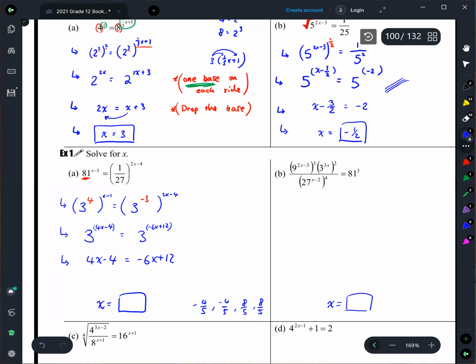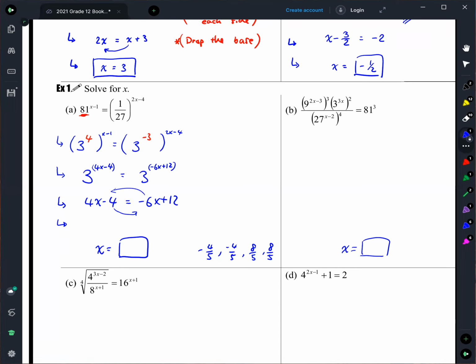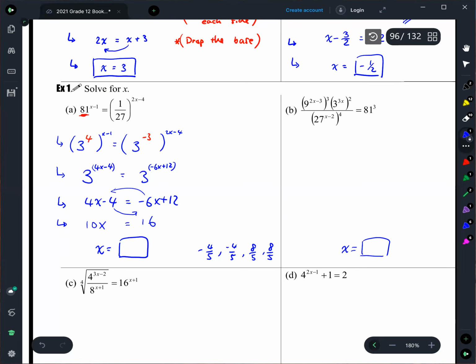And this is just a simple moving around, isolating the x. You move all the x to the left, move the number to the right side. So you should have 10x, right? Because you add a 6x, and then you add a 4, you get 16. Okay, and you divide both sides by 10, so you get 16/10. If you reduce that, then you should have 8/5.